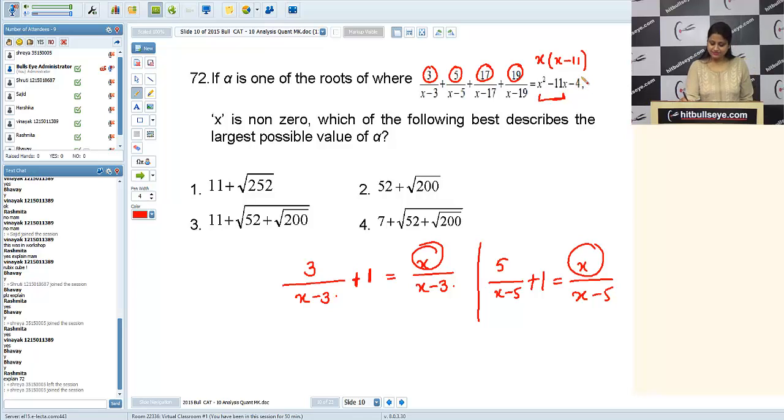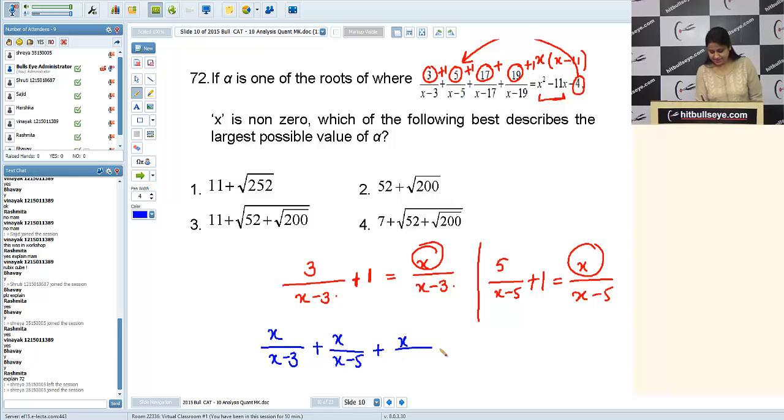So I'm taking this 4 on the left hand side. I'm adding 1 to every term. So we'll get the expression as x upon x minus 3 plus x upon x minus 5 plus x upon x minus 17 plus x upon x minus 19.